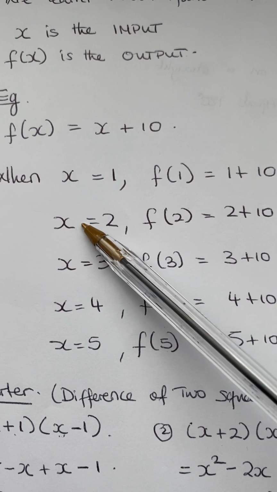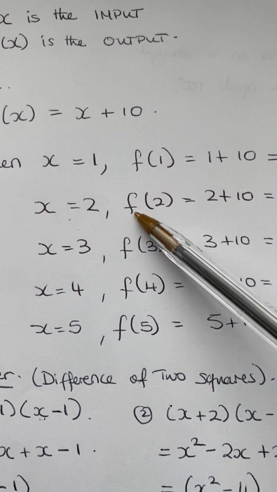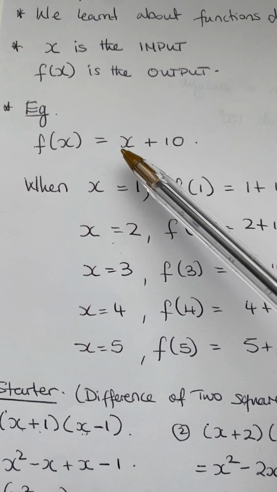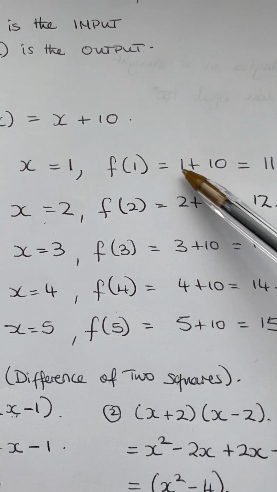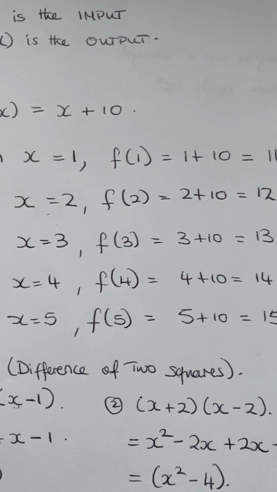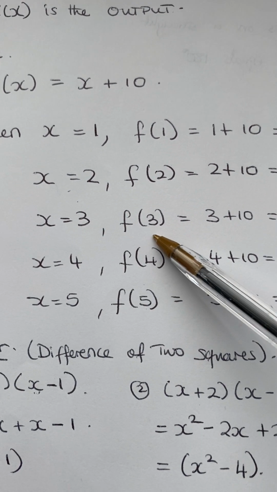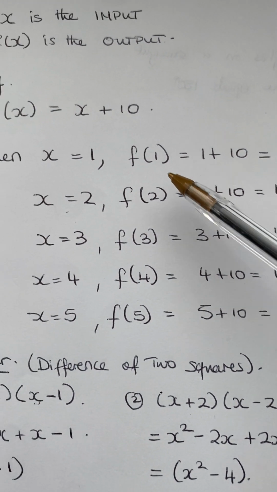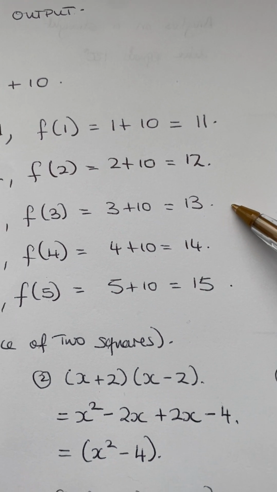When you input x equals 2, f of 2, which is 2 plus 10, under this operation x plus 10, is 12. When you input x equals 3, f of 3, which is 3 plus 10, will be 13.